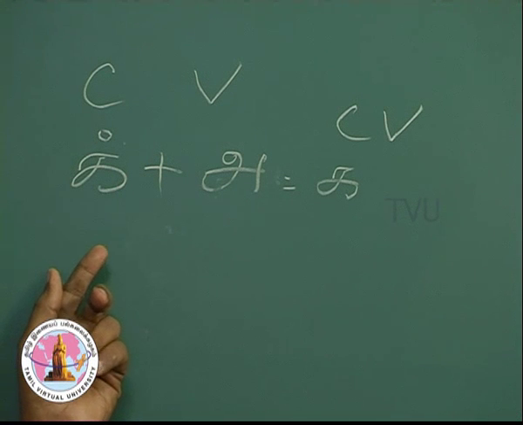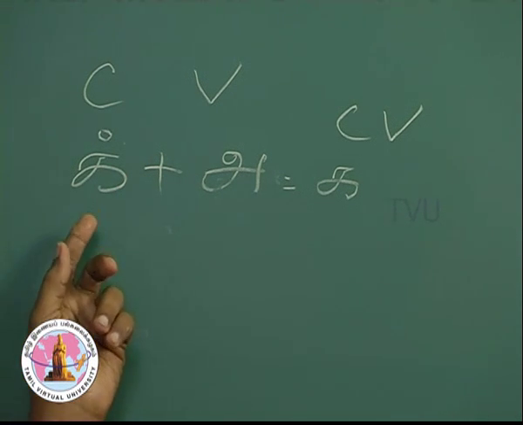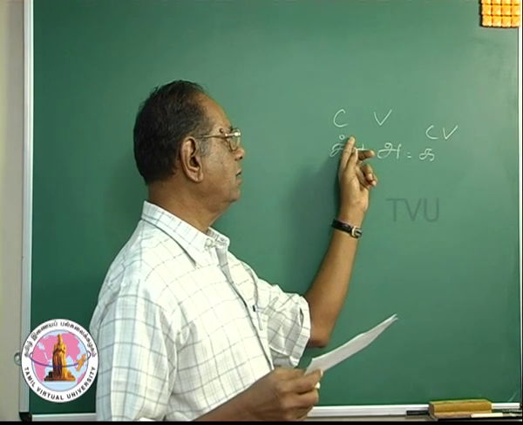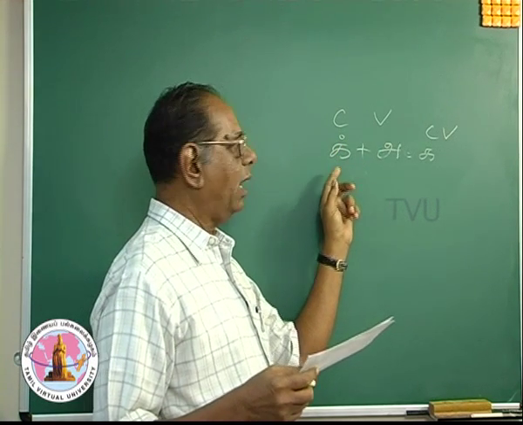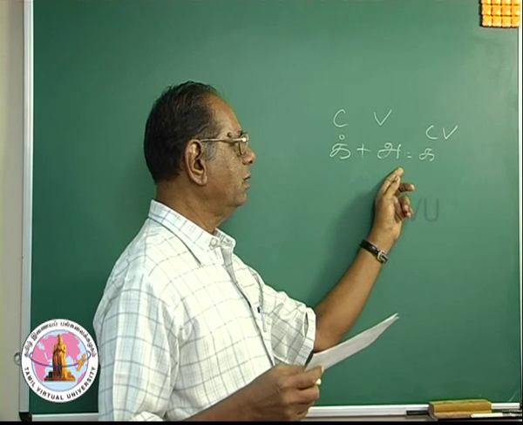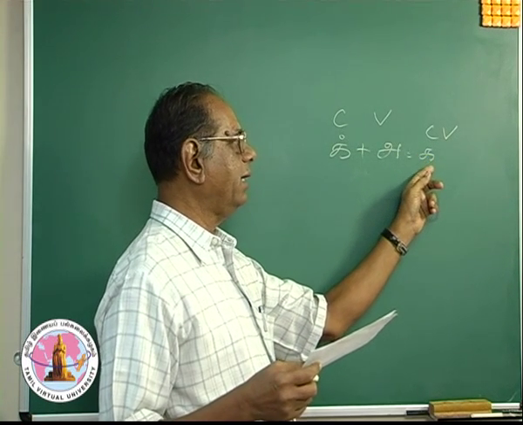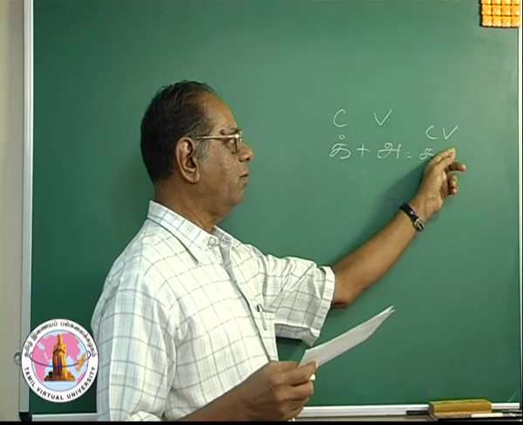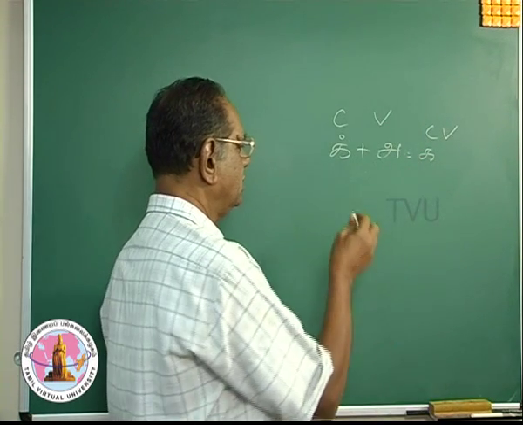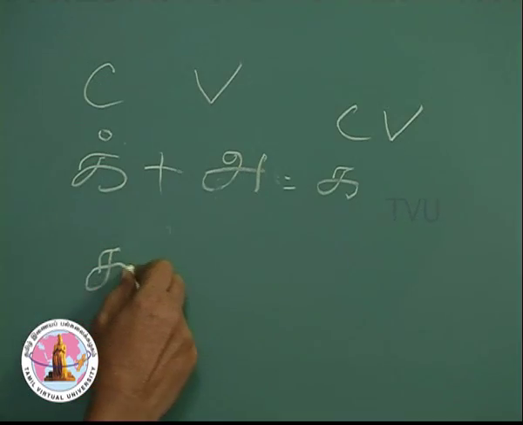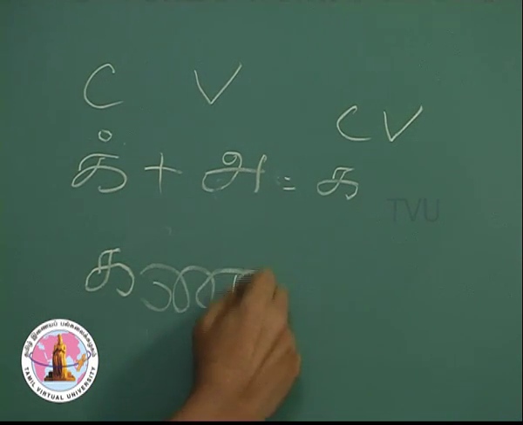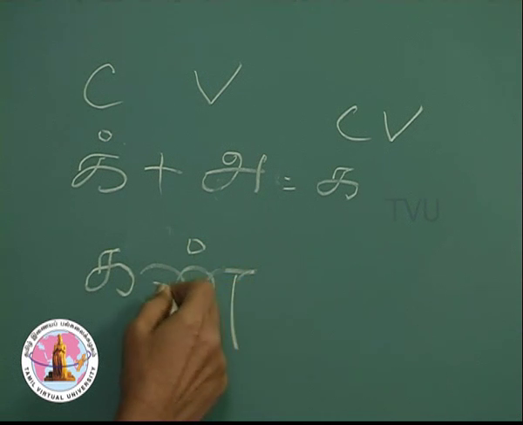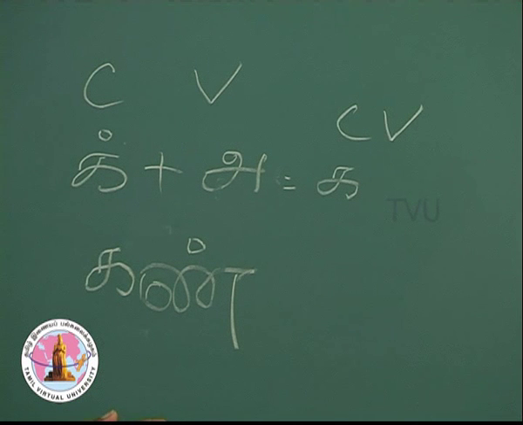Number 1 to remember is that a consonant has a dot while writing, and in combination with a vowel, it is pronounced as a full letter called consonantal vowel. For instance, this is ka and this is na with a dot, and it becomes kan. Kan, do you remember what the meaning is?